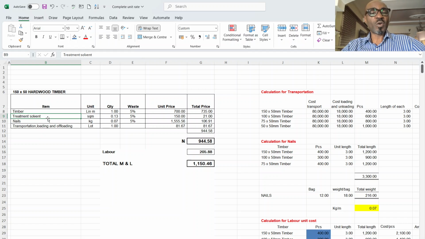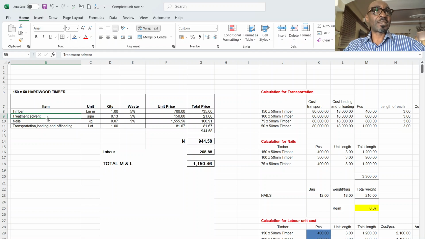What is expected of us is to get a bowl, prepare a special bowl of the length of that wood, then empty the solvent inside the bowl, soak your wood and allow it for some time. Then you bring it out, drain the chemical from the surface of the wood, then allow it to dry before you start using it.